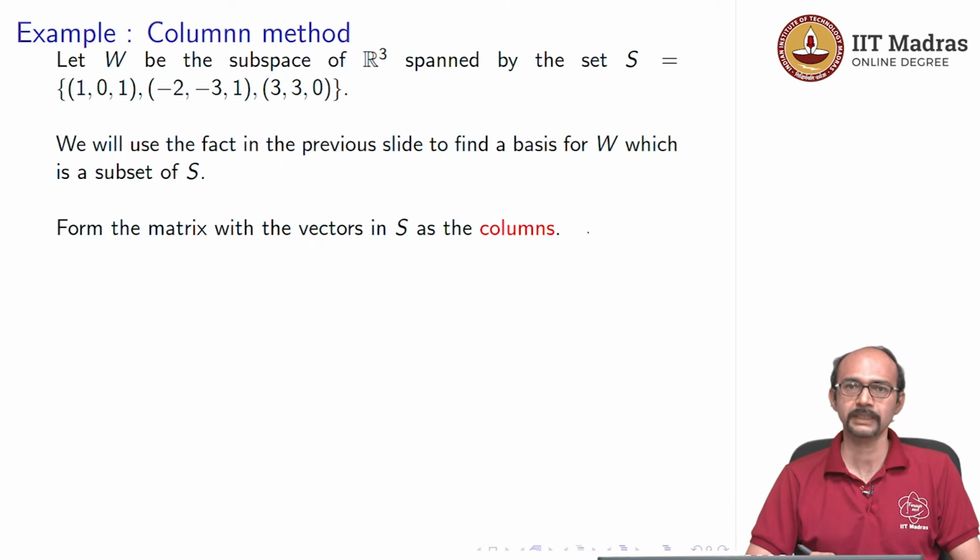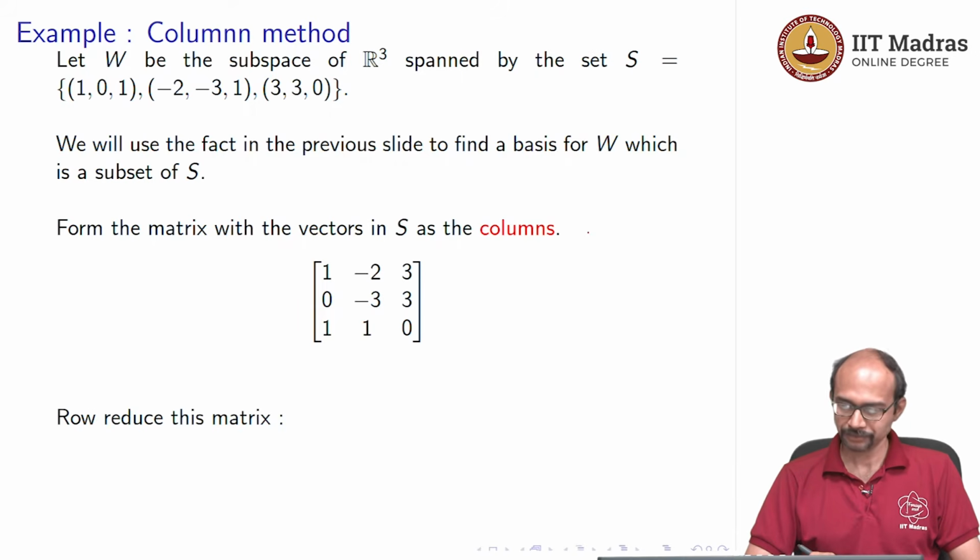In the previous method we put them in the rows and then we row reduced. Here you want to put them as columns. So, here is your matrix: 1, -2, 3 are the first entries of your vectors, then 0, -3, 3 and 1, 1, 0. Notice that the first vector went into the first column, the second vector into the second column, and the third vector into the third column.